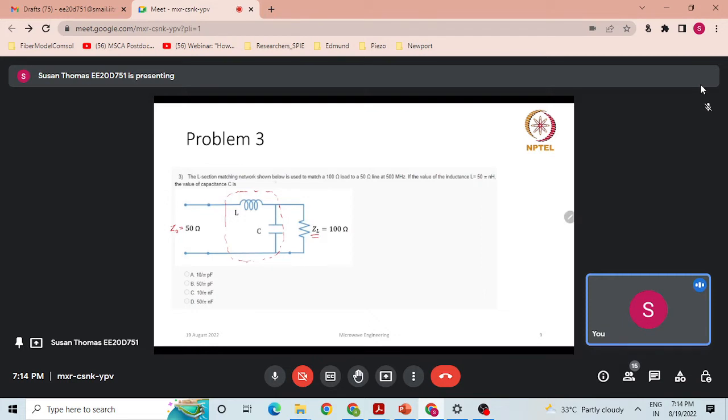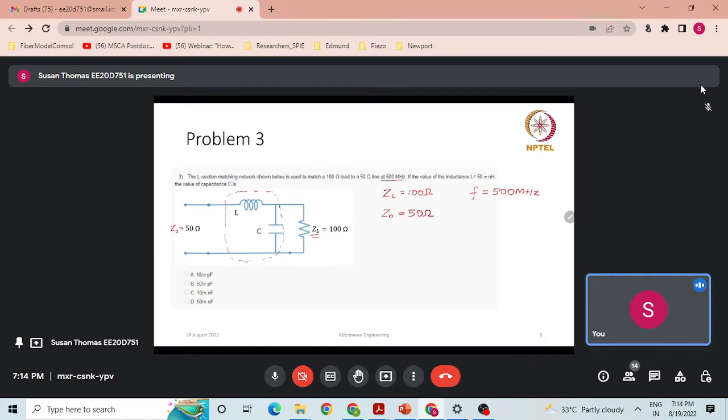The L section matching network shown below is used to match a 100 ohm load, ZL is equal to 100 ohm and Z0 is equal to 50 ohm at 500 megahertz. So the frequency is also given, 500 megahertz.